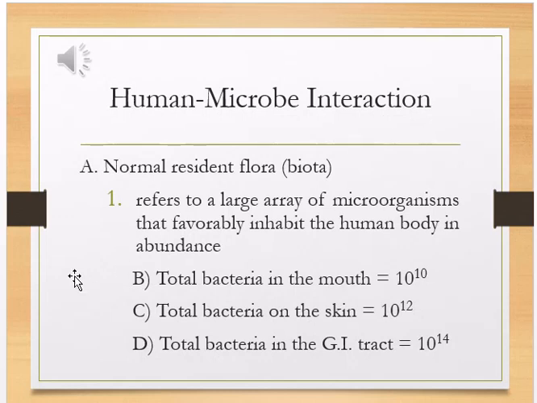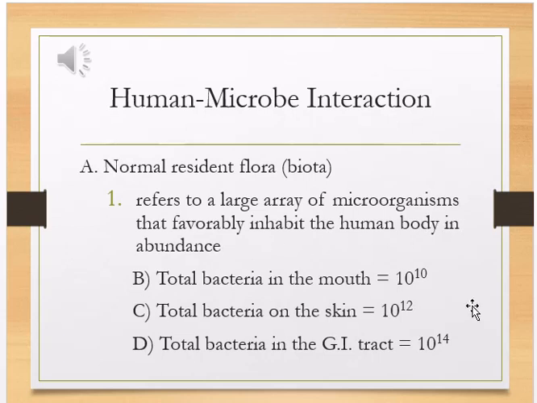Now, host-microbe interactions: how do these interactions happen, and what numbers of microbes remain within our body, and how many of them try to enter our body and cause infection? A normal flora are those which remain within our body without causing any harm.